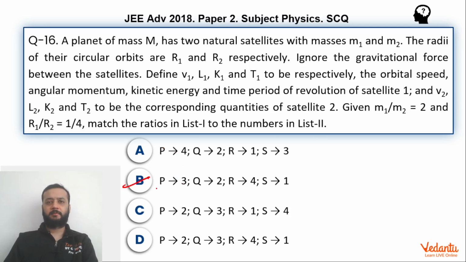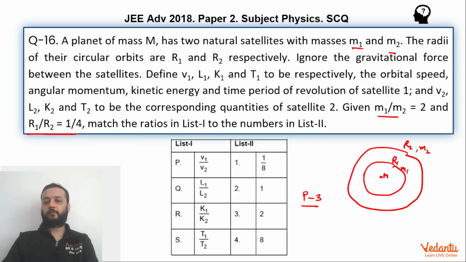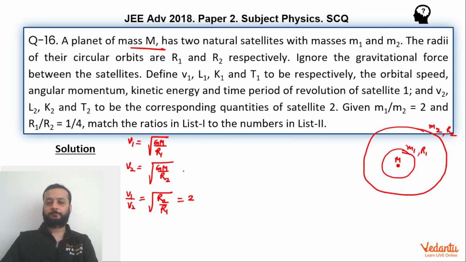If you see, only option B has got P3, so anyway option B is correct. But we will solve this question fully, irrespective of the options, although we could have done this by options. Next we find the ratio of angular momentum about center. Angular momentum can be written as mvr. So L1 will be m1 v1 r1, and similarly L2 will be m2 v2 r2.